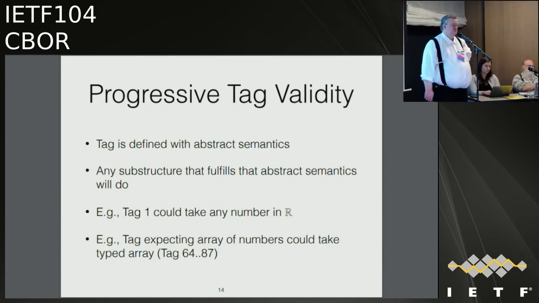Take tag 1 accepting any number in R: if you were to build a firmware update system, for example, that requires a timestamp for validity, and the very data structure that's delivering the update can't understand the tag it's been handed, you're going to wind up with problems. So I think it's a great idea semantically, it's a great approach to reducing the number of tags, but I don't think that it's going to play out very well in practice. I think there's going to be a lot of compatibility failings.